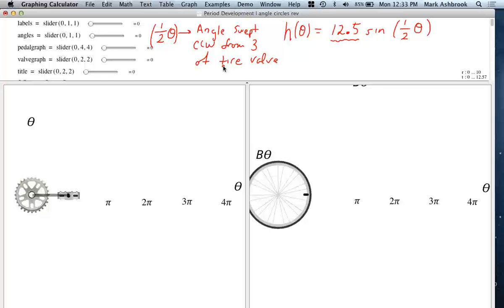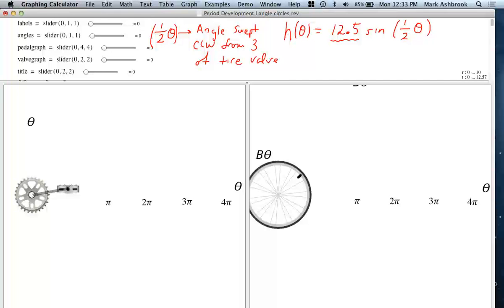So how is the tire valve rotating relative to the pedal? If I were to rotate this pedal, how are you going to see the tire valve rotating relative to that? The angle swept by the tire valve will be what compared to the angle swept by the pedal? Half as much.